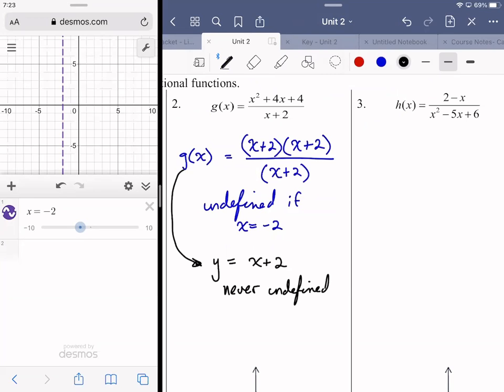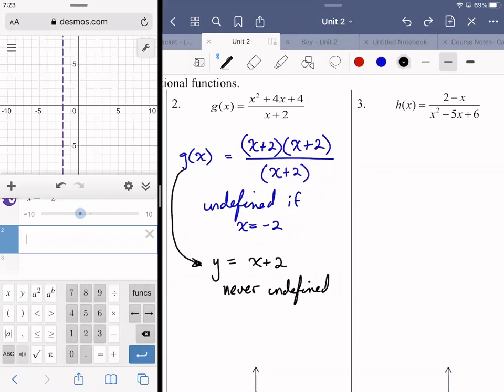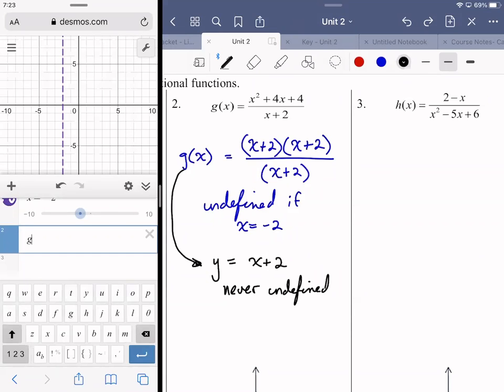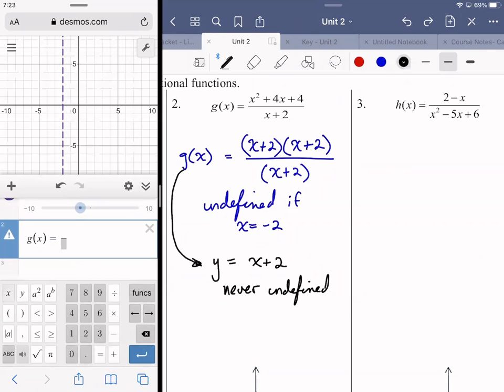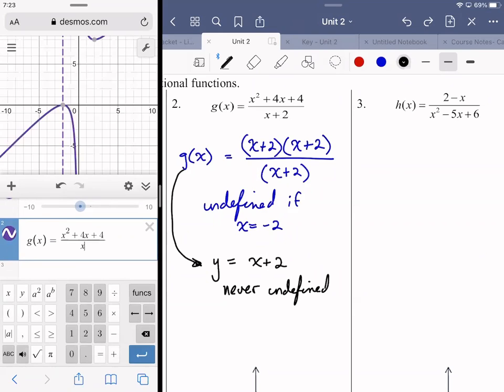All right, this is a line. Lines don't have asymptotes. Lines are asymptotes, if anything. They don't have asymptotes, right? So I would graph my original function. This one's g of x, x squared plus 4x plus 4 over x plus 2.